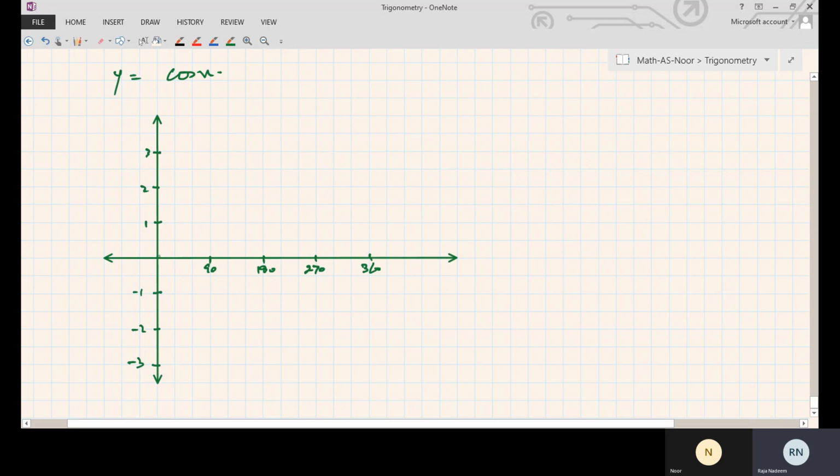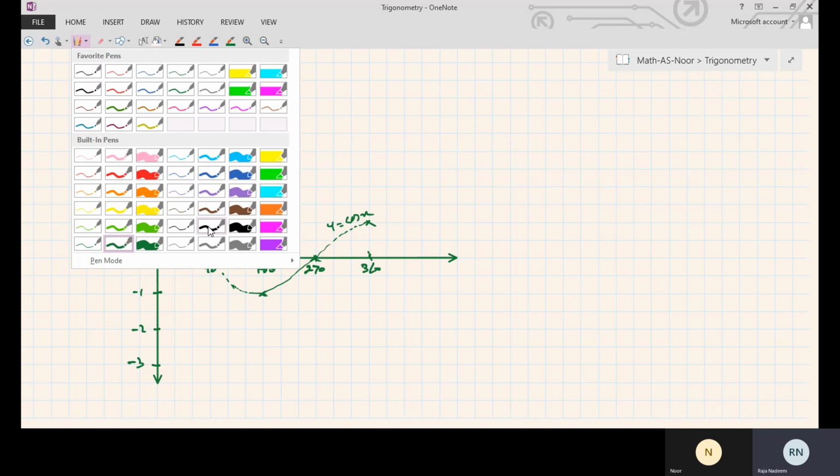The first thing is cos 0 is 1, cos 90 for this, 180 is minus 1, this, and this is it. If I sketch, so this is y is equal to cos of x.